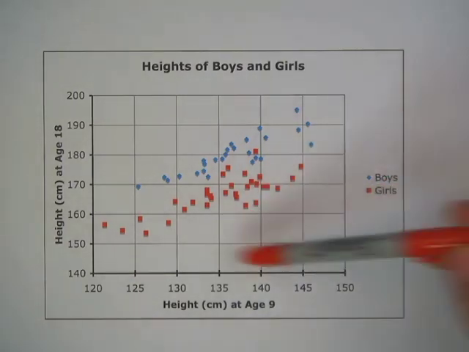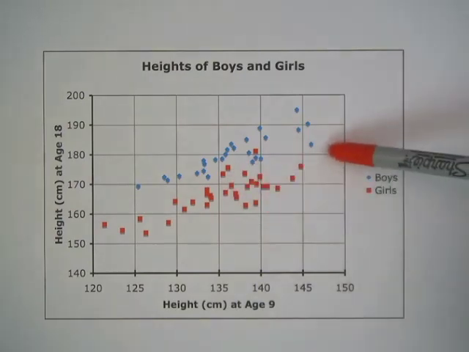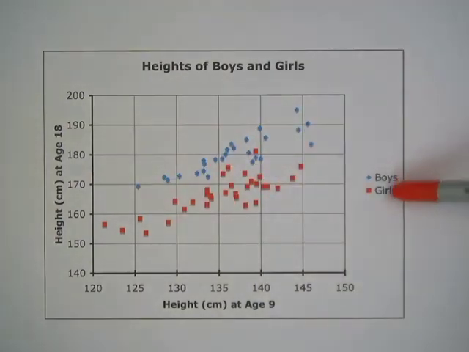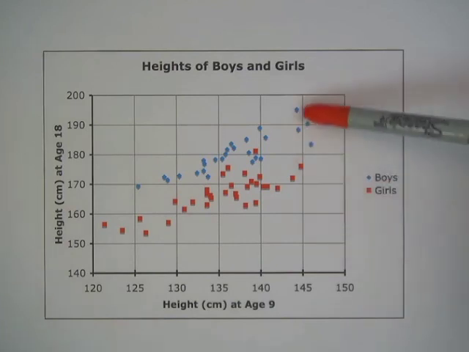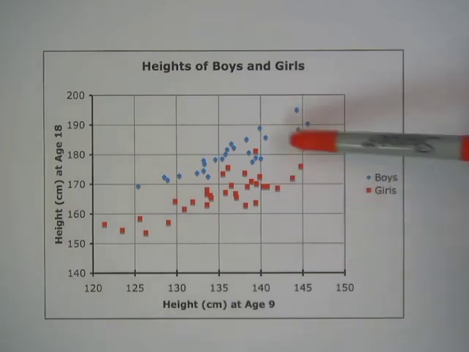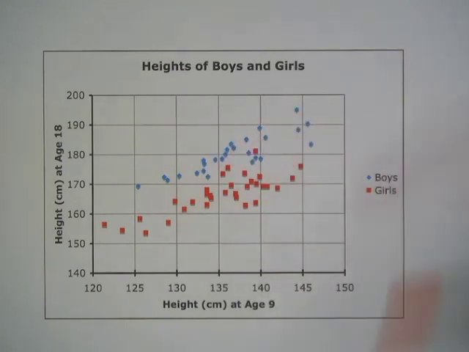I might have a square representing the girls and a diamond representing the boys, or maybe the boys as a dot and the girls as a star, just so you can distinguish between the 2 sets. It is important, though, to have a key so that the reader is able to see which mark represents which population or which sample. So this is a good way of using a scatter plot to graph multiple data sets.